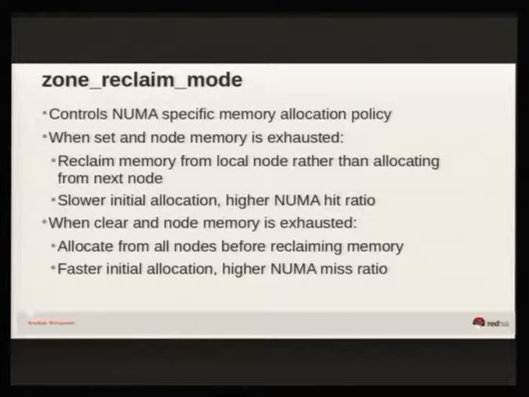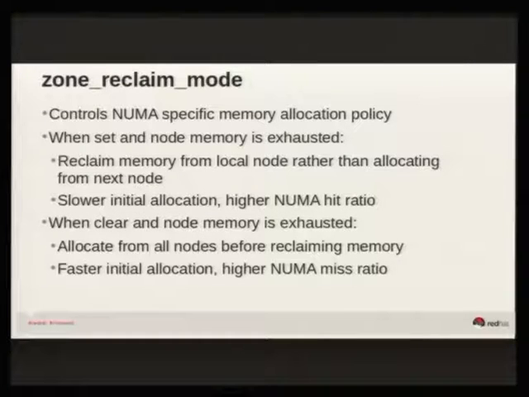So the first one I want to talk about that you'll see in the Tuned profile is a flag called zone_reclaim_mode. This flag controls what happens when a given NUMA node runs out of memory. It's got two choices.